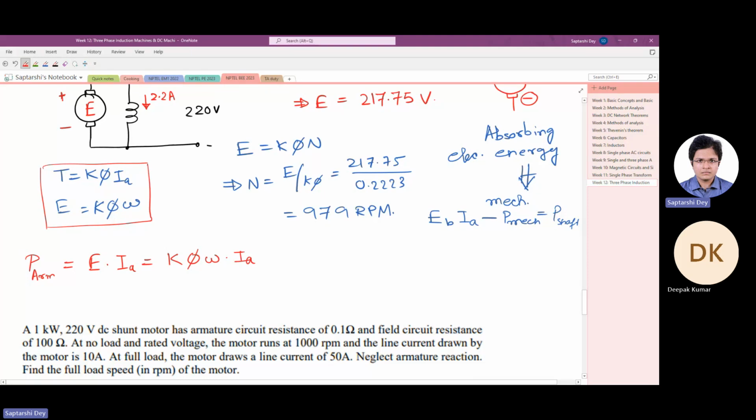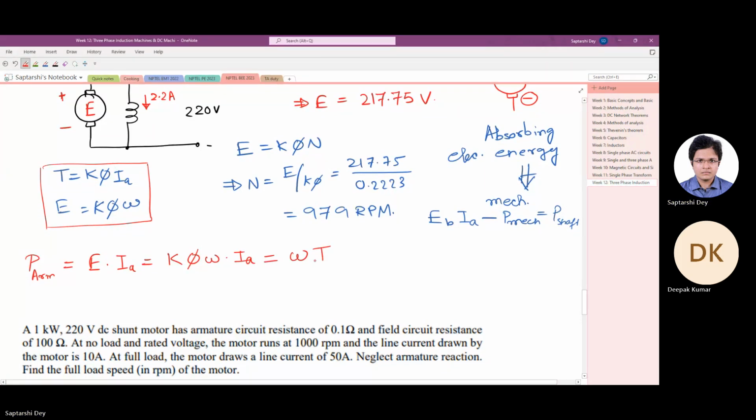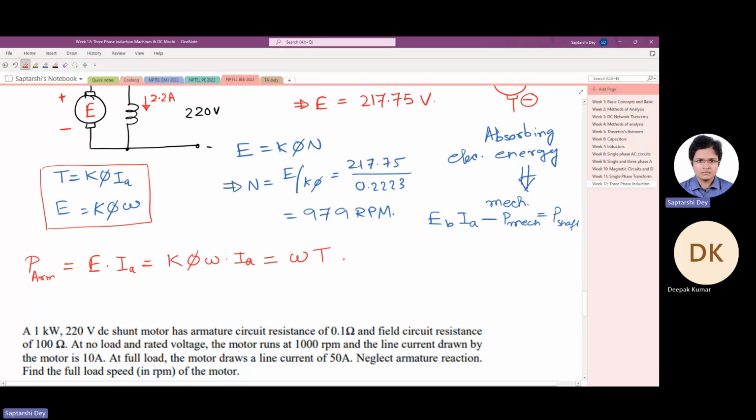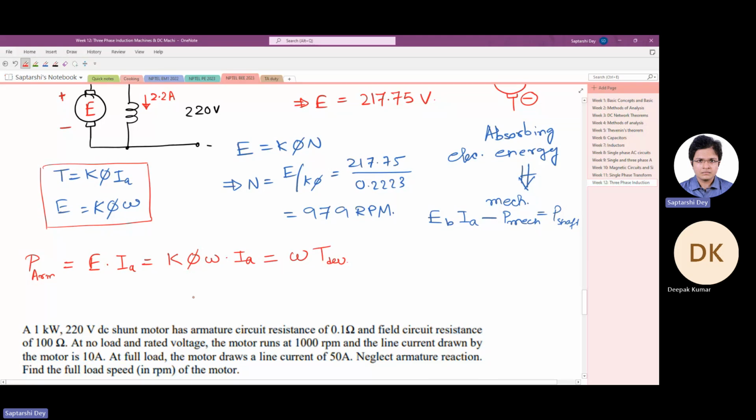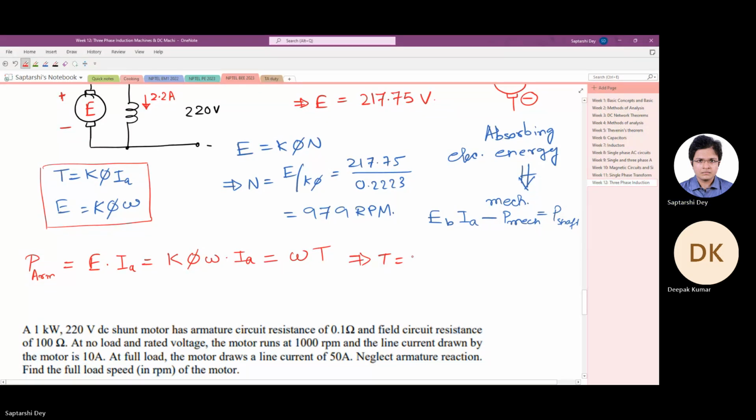Now this power is converted to mechanical power, so this is equal to omega times T, the torque developed, or let's simply say T. Now if you cancel omega from both sides, what you will get is T is k phi Ia.